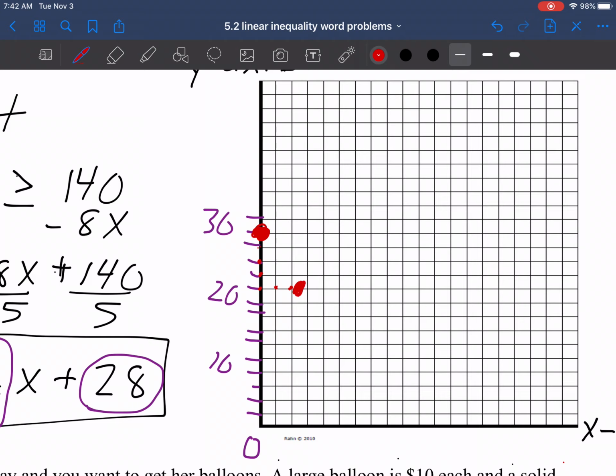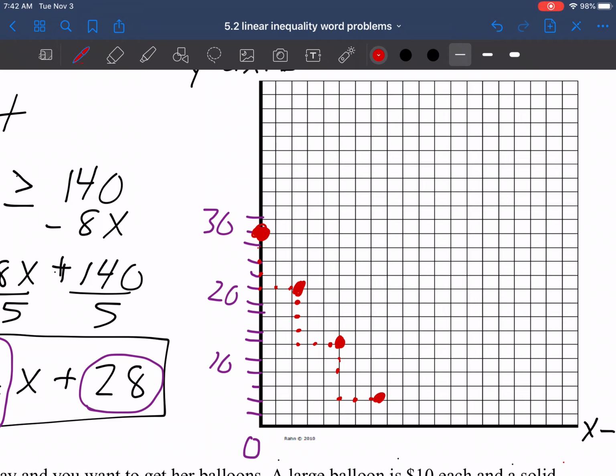And then of course I can go again, so I'll go down 2, 4, 6, 8, now over 2, 4, and then a little half. So this is my next dot here. And I'll go one more time, down 2, 4, 6, 8, and then over 2, 4, 5. Here would be the next dot.